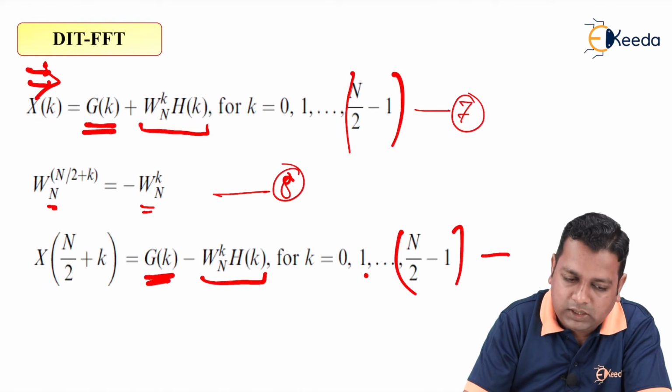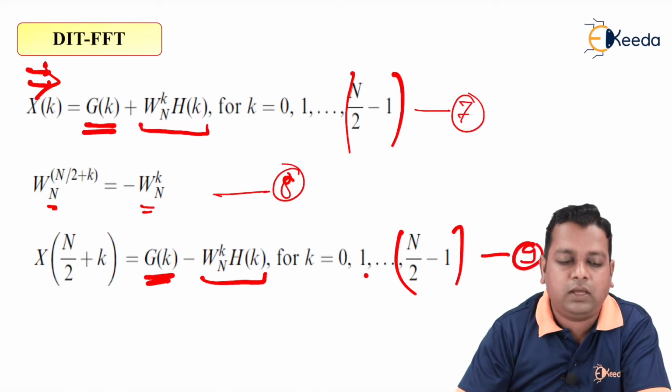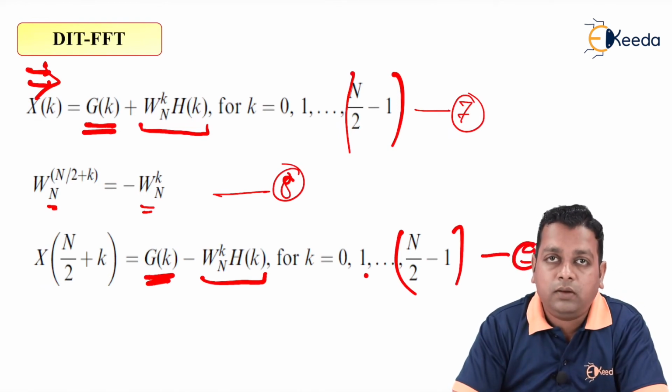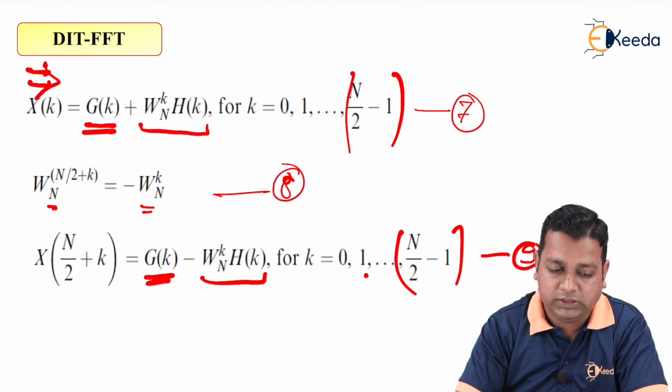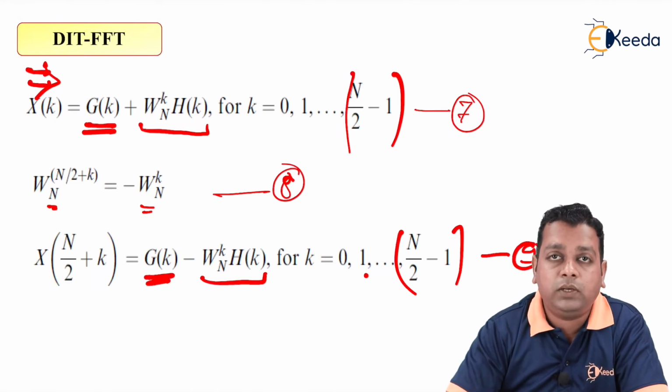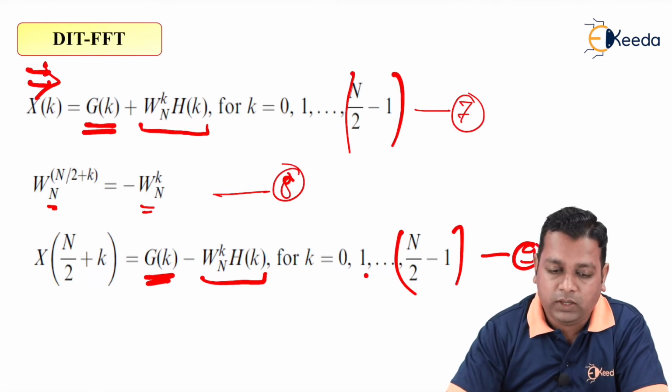Let us say this is equation number 9. Now, if we perform the backward iterations, we will be introduced to the fast Fourier transform algorithm, the FFT algorithm.